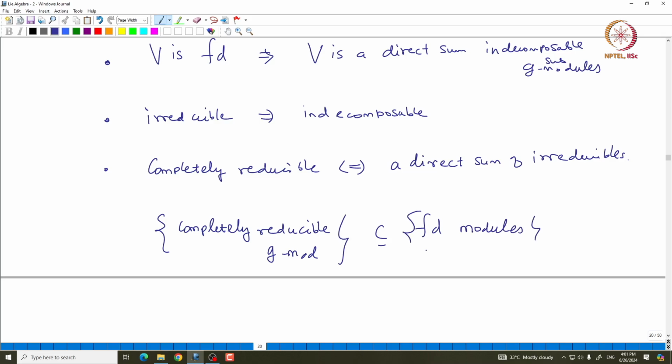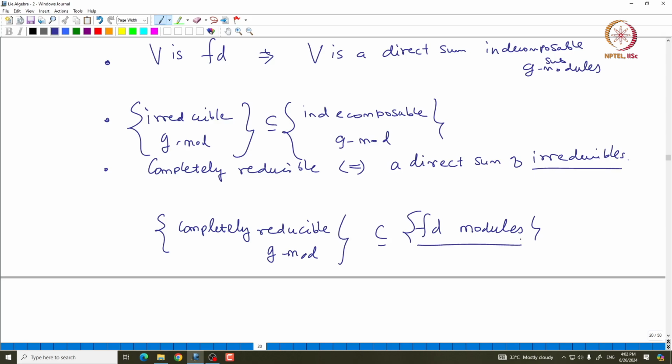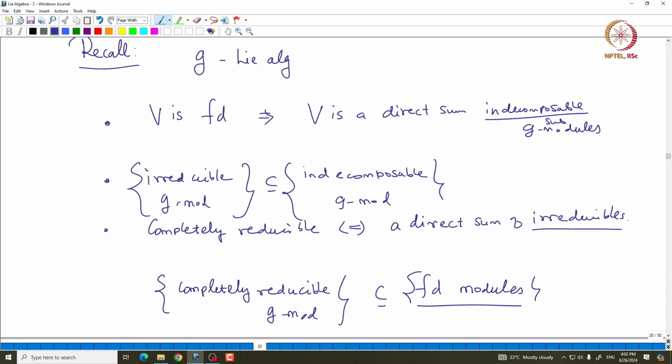And we are also seeing that the irreducible modules are contained in the indecomposable G modules. These are general facts. So, if you want to understand completely reducible modules, you first need to understand all irreducible modules. And if you are interested in understanding all finite dimensional modules, then you should understand all indecomposable modules. That is what these general observations tell.